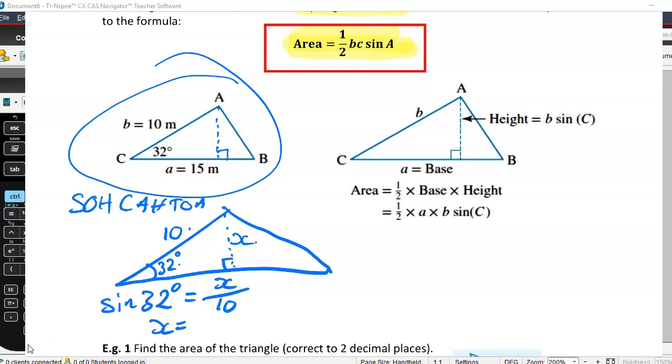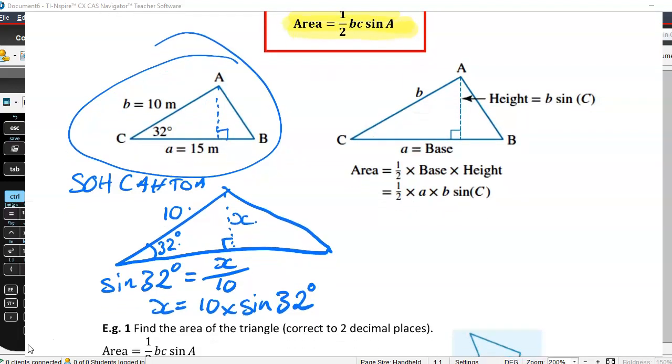So X equals 10 times by sine 32 degrees. You can see, okay, well that's where that part's come from, isn't it? That's where that's come from. And you can see it all worked out here as well.